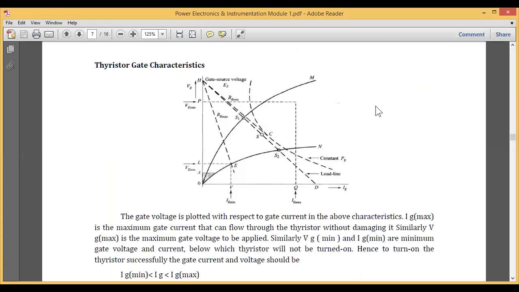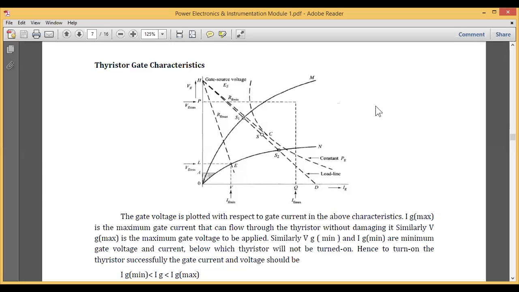We will not be focusing on the anode and cathode terminals. We only focus on the gate characteristics. The gate is one of the very important terminals of the SCR. We have three terminals in the SCR: anode, cathode, and gate. Always remember the flow of current, or the flow of electrons, will be from anode to cathode in SCR, as in your normal PN junction diode.